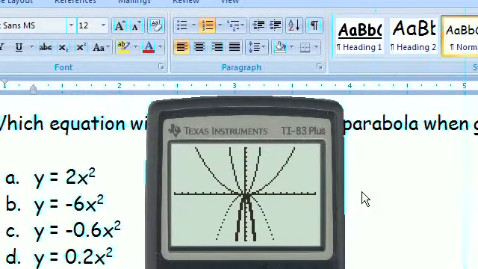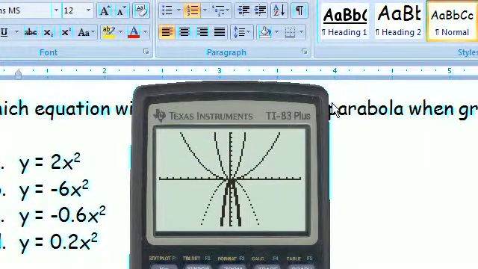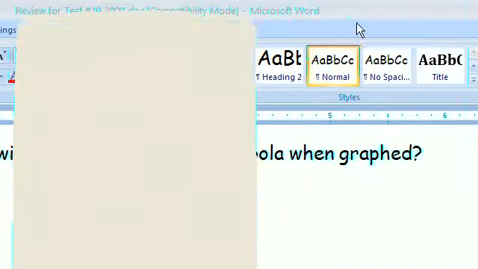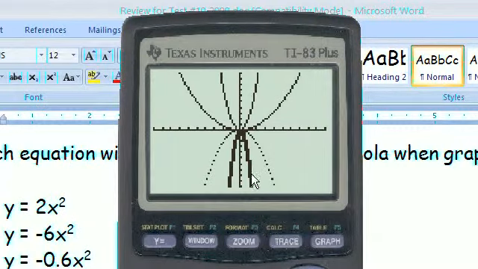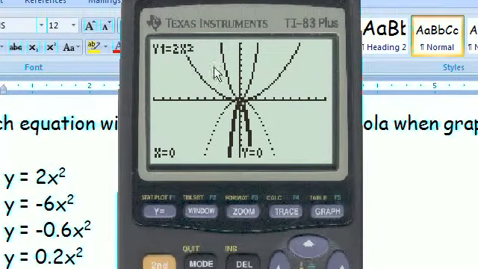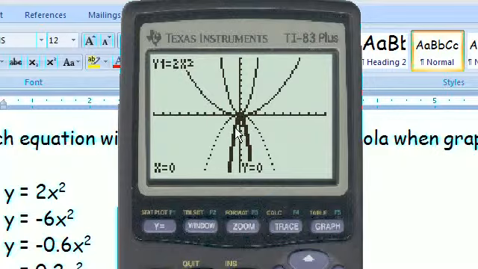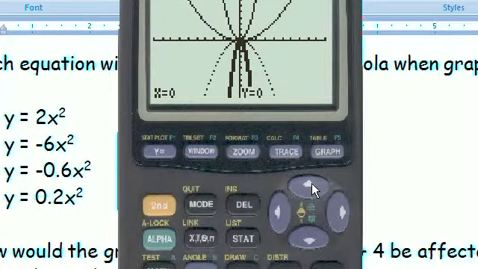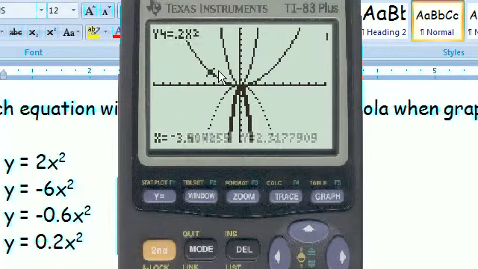If you're looking at this graphing screen and you don't know which graph is which, you can press trace, and by pressing the up arrow you can hop from graph to graph and see which graph your cursor is on.